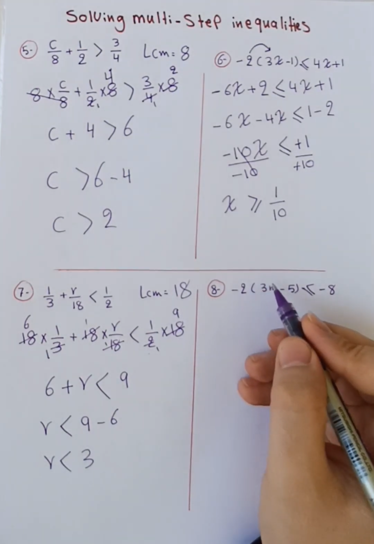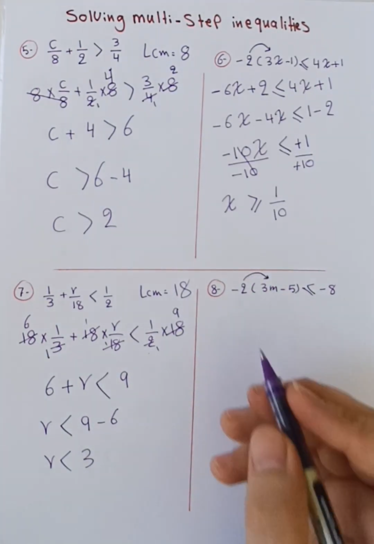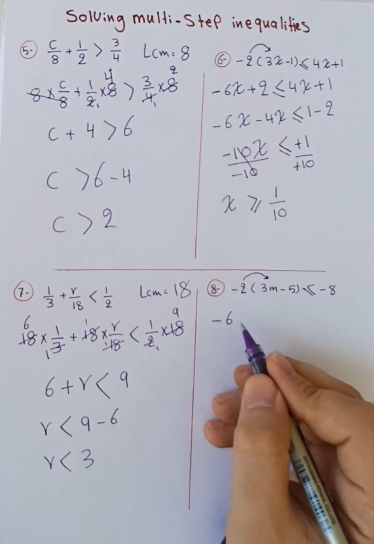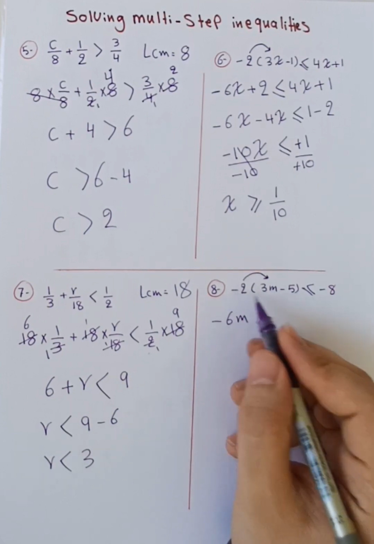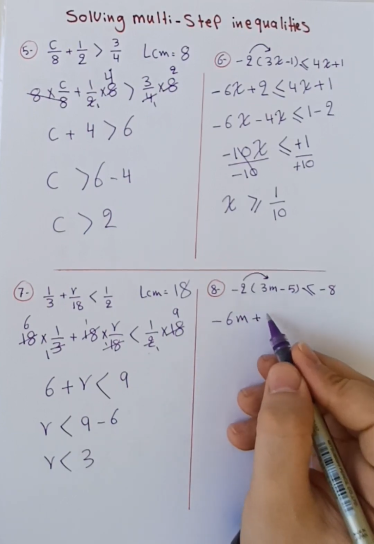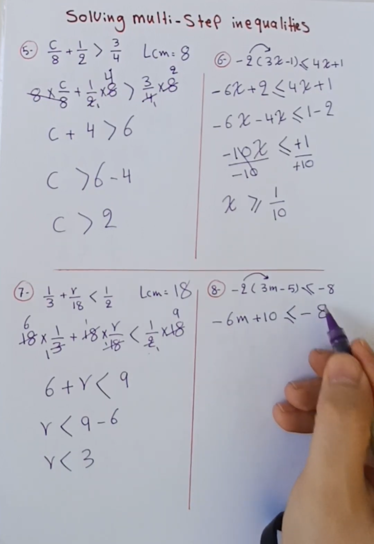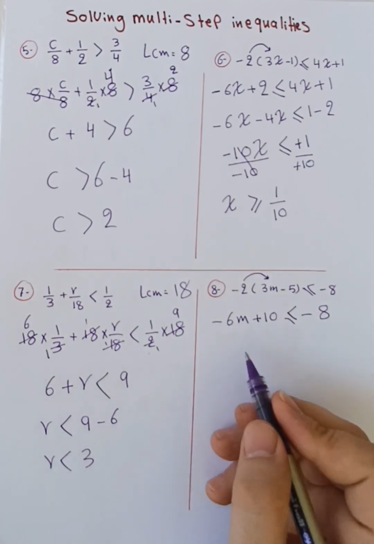First of all, we can multiply this 2 into the bracket. Minus 2 times 3 equals minus 6m. Minus times minus is plus. 2 times 5 is 10 less than or equal to negative 8. After that we can combine the like terms.